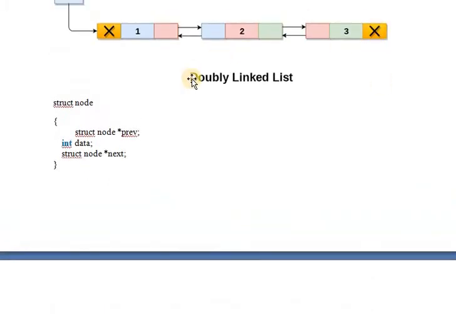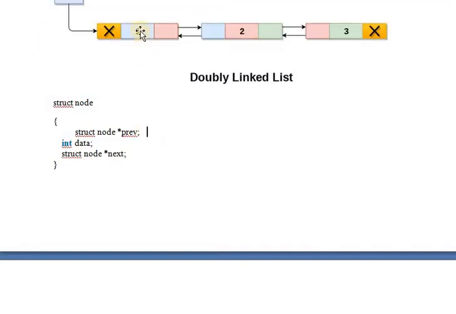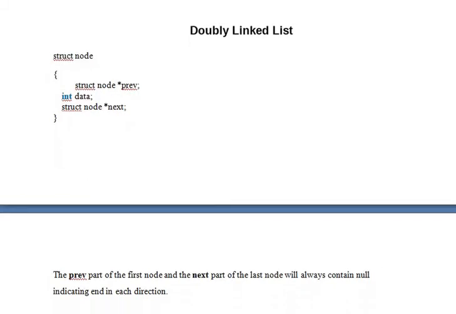See here, this is null and this is null, because there is no previous node before this node, that is why null. And after this node there is no other node, so that is why here I am giving it as null. So that is what they are saying here.